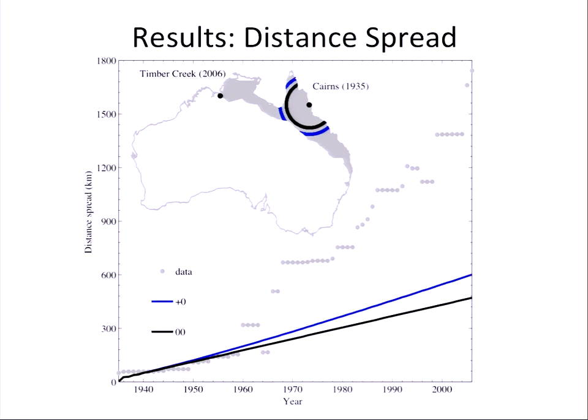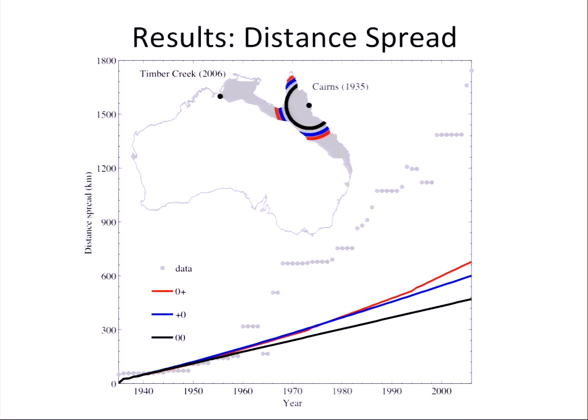If we throw demographic evolution in there, you see we get a little bit of an increase in the rate of spread, which translates to a little bit farther predicted range of the toads, but obviously it still comes up short. If we only allow dispersal to evolve, we see a pretty similar pattern. It increases spread distance a little bit more, but not much.